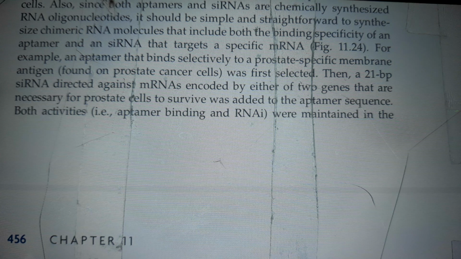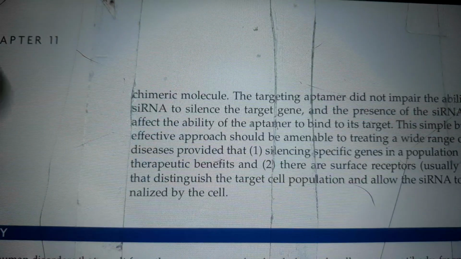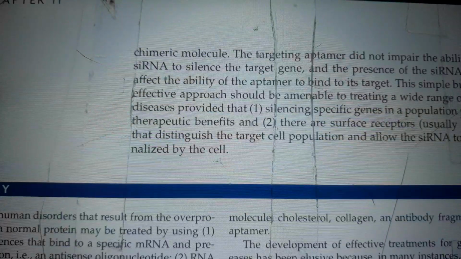Both activities, that is aptamer binding and RNAi, were maintained in the chimeric molecule. The targeting aptamer did not impair the ability of the siRNA to silence the target gene, and the presence of the siRNA did not affect the ability of the aptamer to bind to its target.